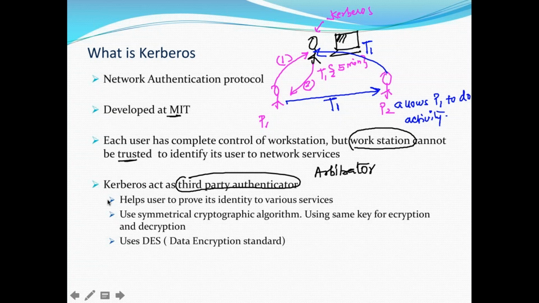So Kerberos acts as a third party authenticator. It helps users prove their identity to various services. Kerberos also says that sending the password in any form is risky. You have seen that we are not sending a password, we are using a token.